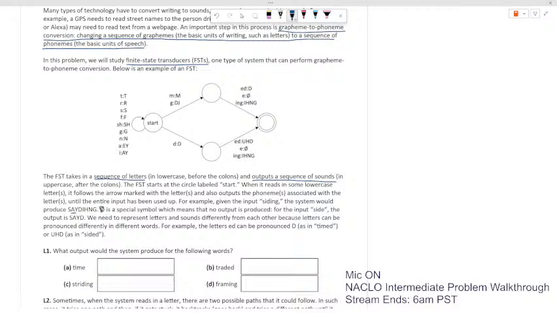This is a special symbol which means that no output is produced. For the input side, the output is side. We need to represent the letters and sounds differently from each other because letters can be pronounced differently in different words. For example, the letters ED can be pronounced duh, as in timed, or ud, as in sided.